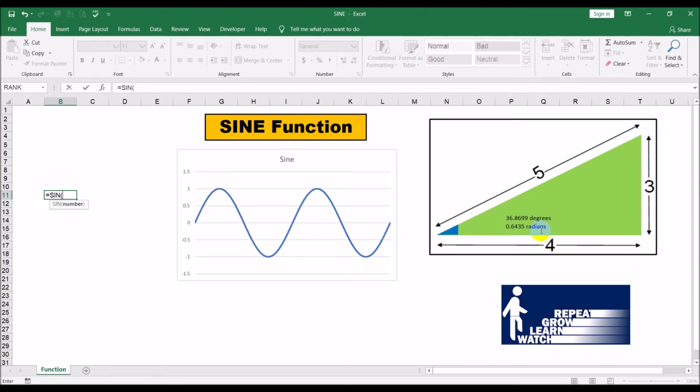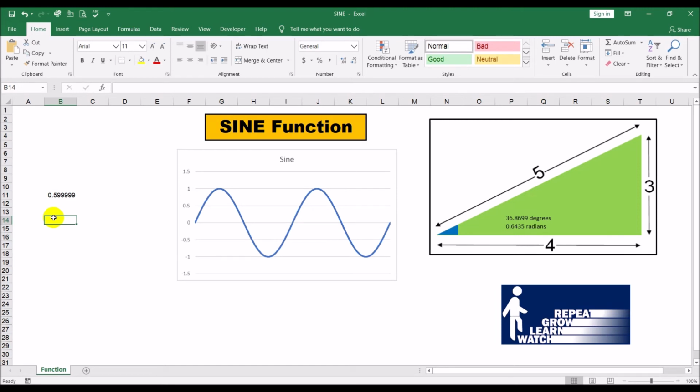Like I said, always remember angles in Excel are in radians and never in degrees. So we'll put the angle in radians, which is 0.6435. Close bracket, hit enter. You get 0.59999, which is very close to 0.6.